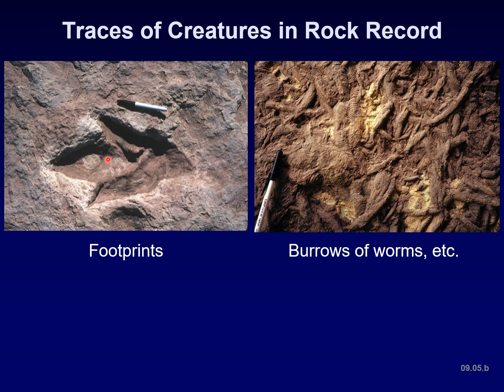And then we also have burrows of worms, etc. So these are worm burrows that got filled in by other sediment, and I have a bunch of this in the lab if you want to check it out. But we can get trace fossils like this: burrows in different habitats where ancient worms maybe would have made their home.